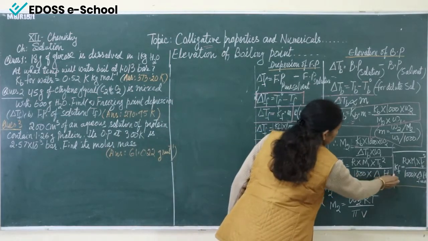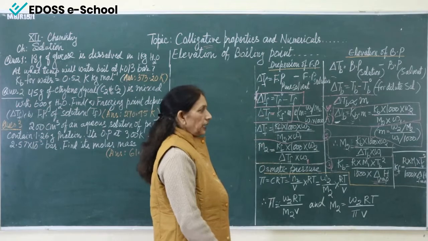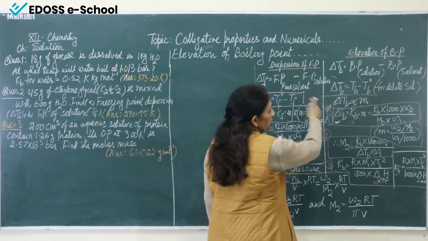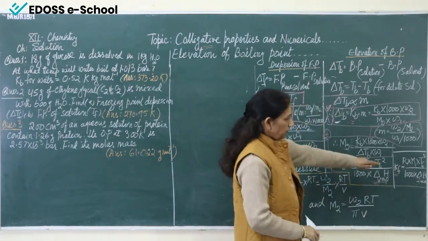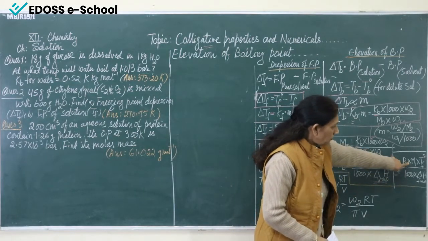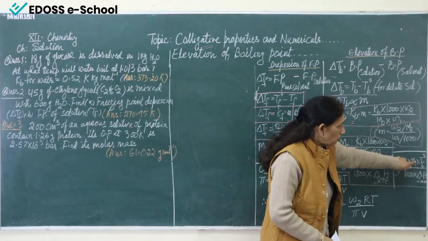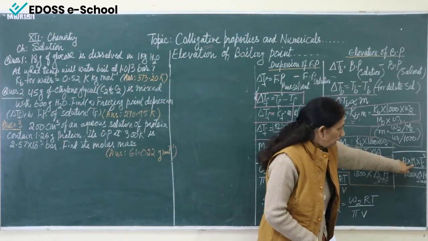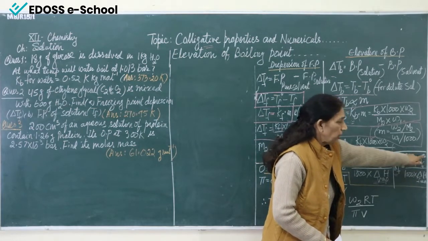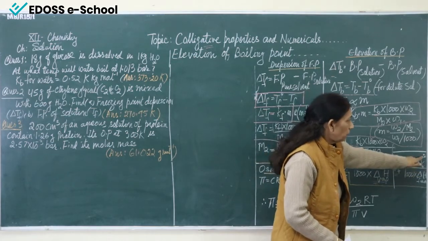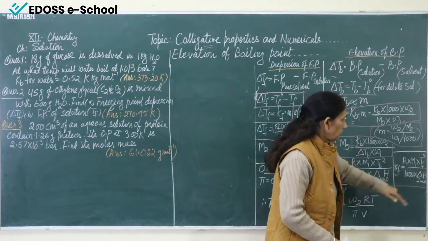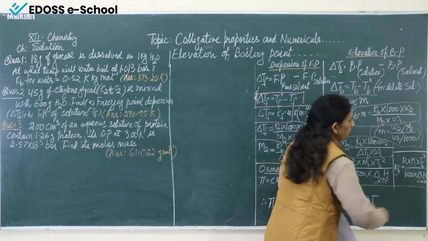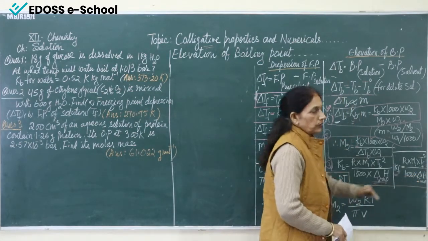And if you want to find KF, the depression of freezing point constant, then this is the formula: R, the gas constant, multiplied by M1, the molar mass of solvent, multiplied by T naught F squared, the freezing point of the pure solvent squared, divided by 1000 into delta H, the enthalpy of fusion.